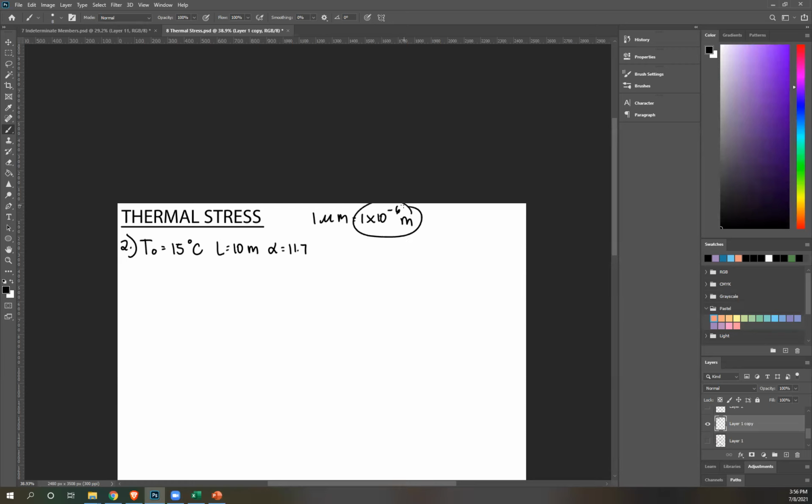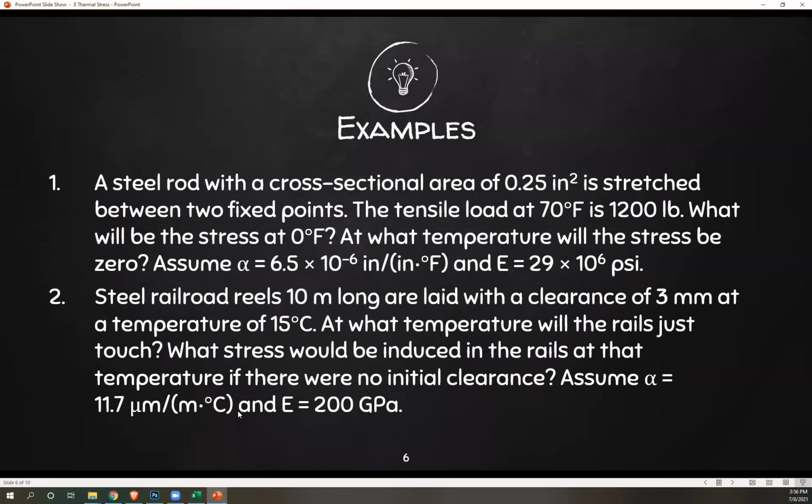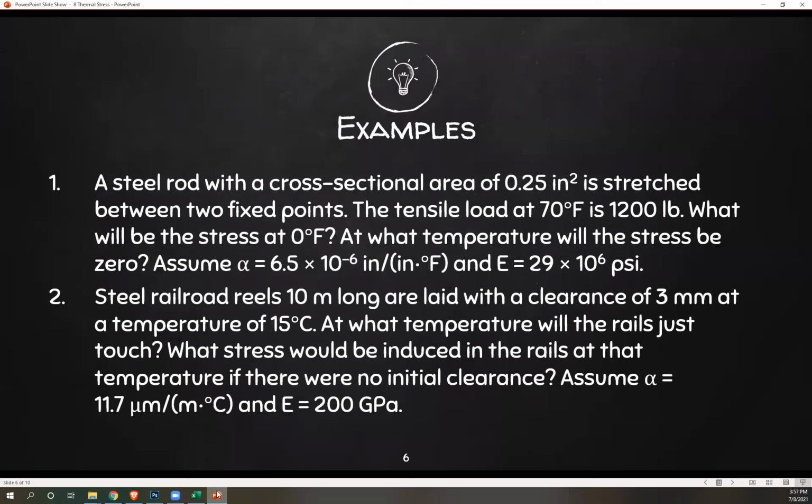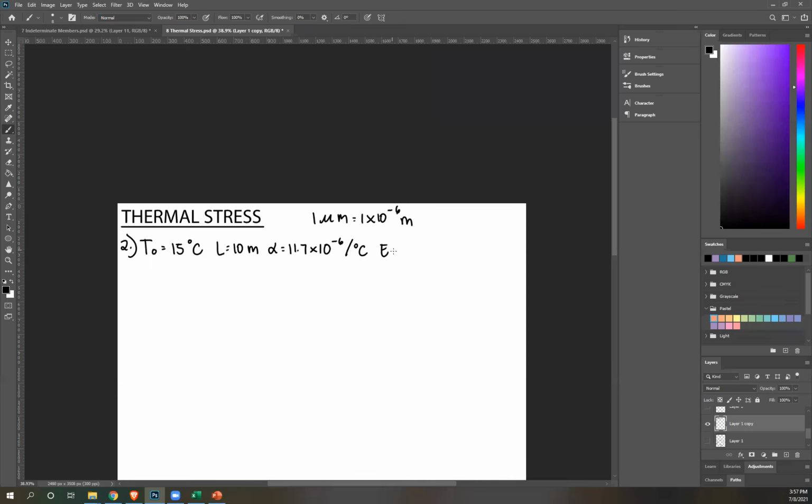So I'm going to introduce this conversion value, so times 10 raised to negative 6, so that they're both in meters. So meter per meter degree Celsius. So now this is just per degree Celsius. All right? So take note of your units. And then E is 200.